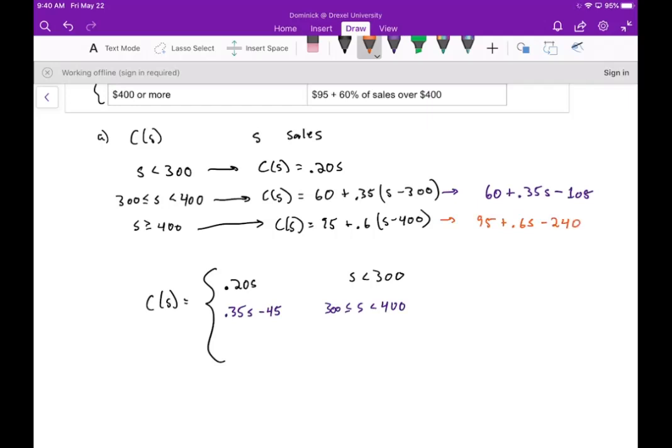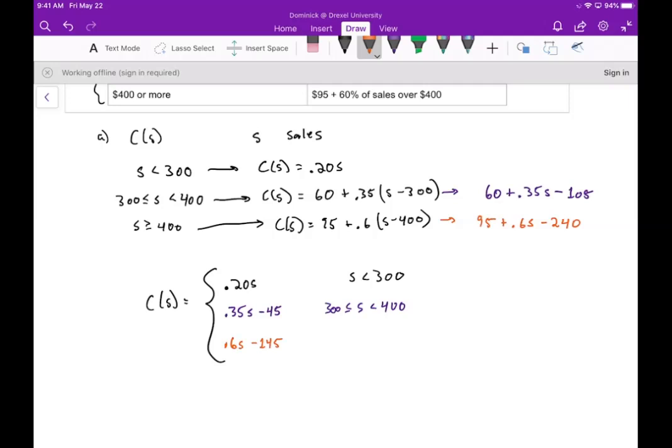If we combine that, we get 0.6 S, and then we should get a minus 145. If I subtract 95 from 240, I should get... wait a minute, is that right? 240 minus 95.